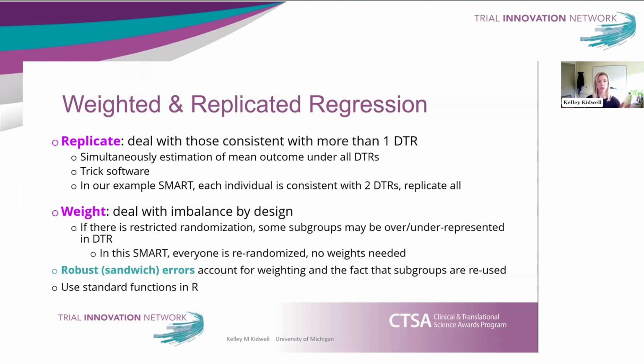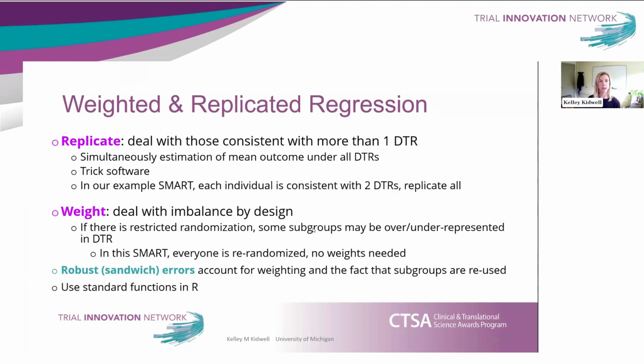In this example here, everyone's re-randomized. So if we use the known probability of randomization, those weights would all be the same. But in other SMART designs where only the non-responders are re-randomized, the weights for responders and non-responders would differ. So we'll replicate the data to trick the software to use their data multiple times. We'll have to weight the data if we have any imbalance by design.